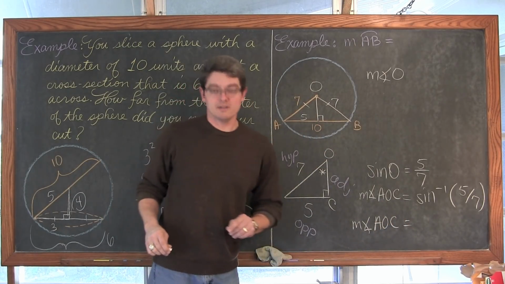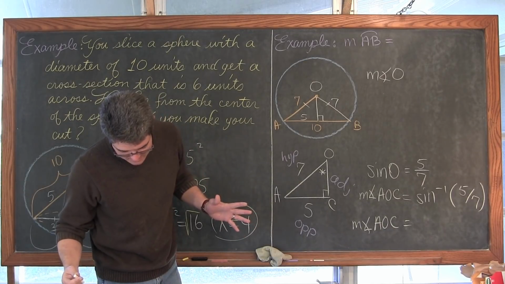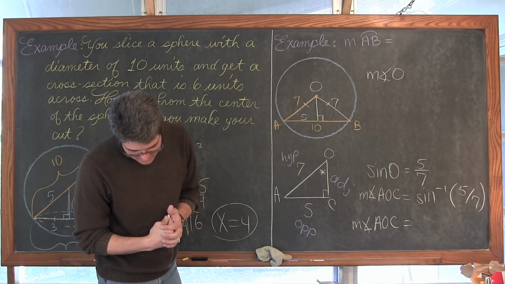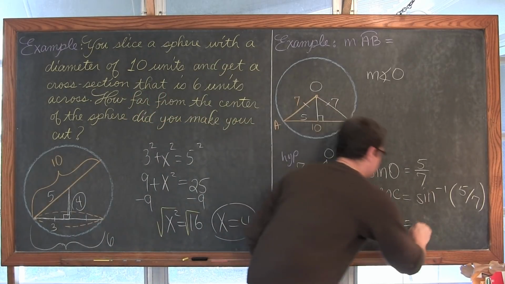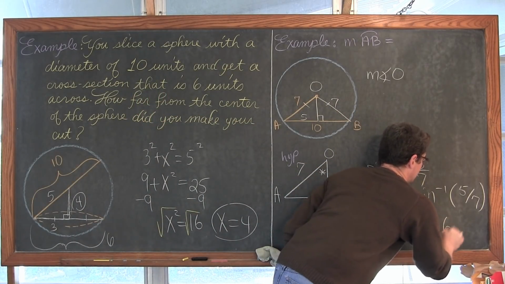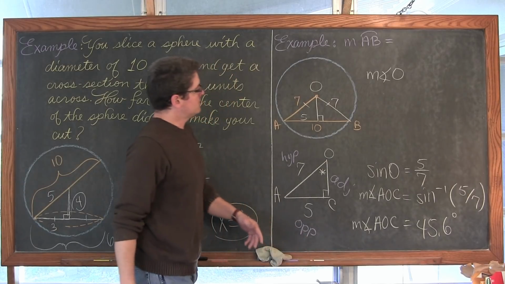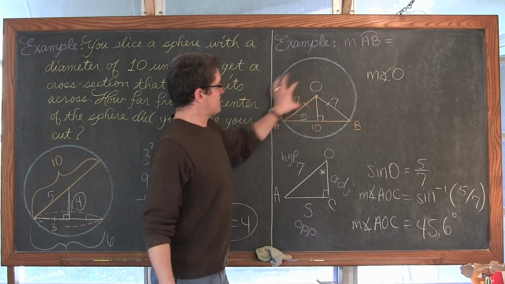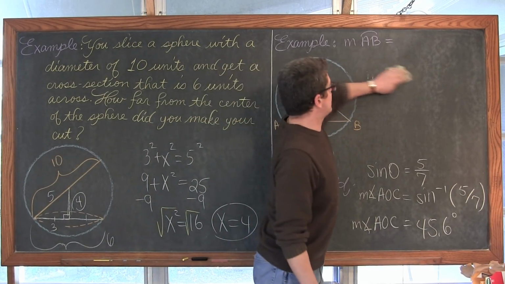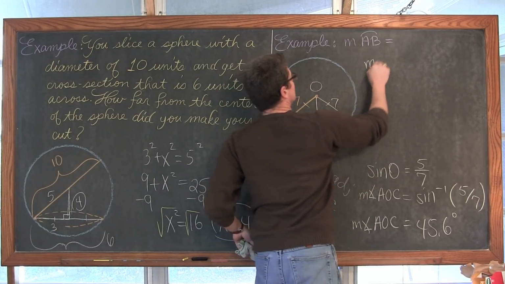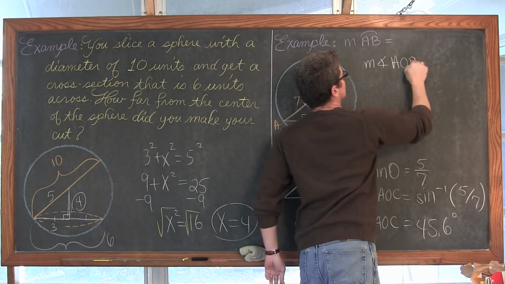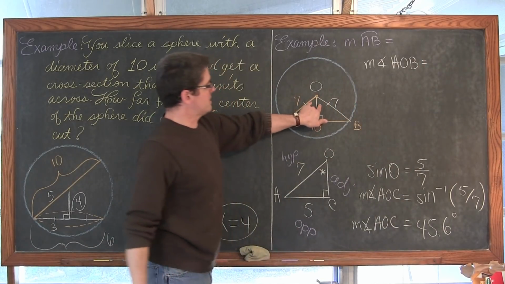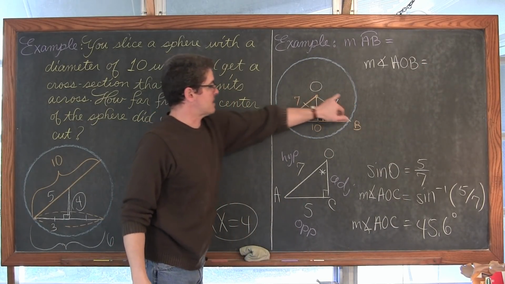The inverse sine of 5 over 7 is equal to 45.6 degrees. And now the measure of O, but now I've complicated my diagram, so let's call that the measure of angle AOB is equal to, again, twice that, right? This was an isosceles triangle.